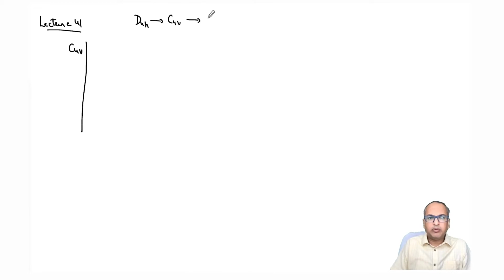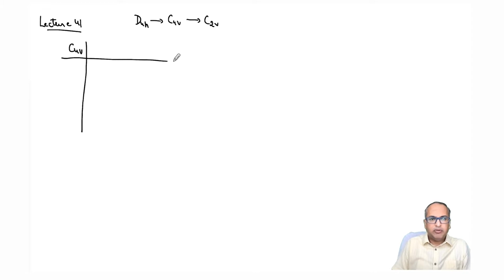So let's start with lecture 41 today. We'll start with C4v, writing the C4v character table. So earlier we went from D4h to C4v. Now we will go one step down to C2v. Okay.